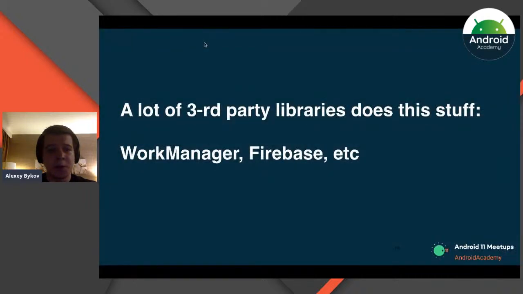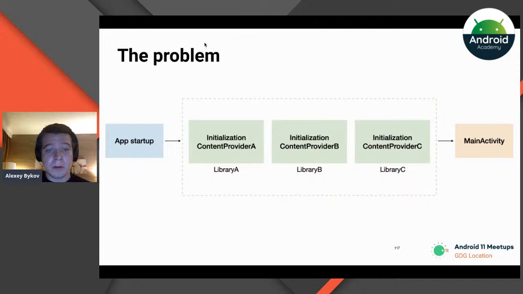And a lot of third-party libraries do stuff like this, WorkManager and Firebase, for example. Why? Because it is quite simple for us developers, and they shouldn't care about library initialization. But actually, we can catch another problem: almost each library has its own content provider for initialization.